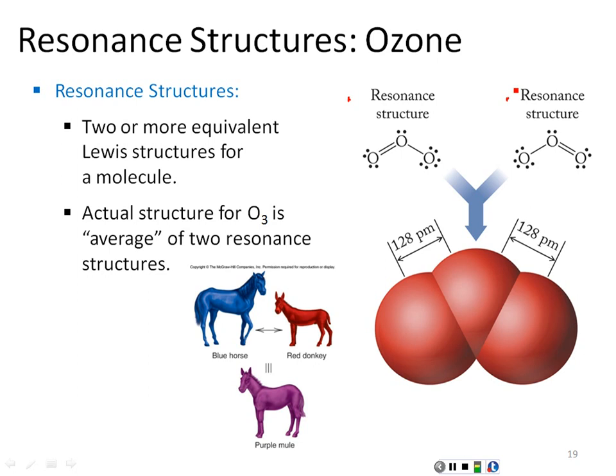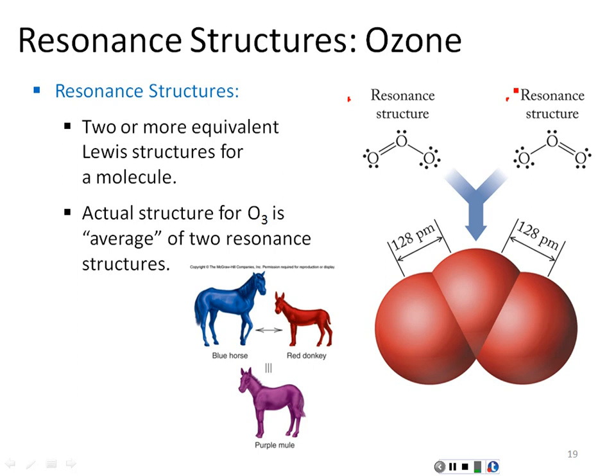And the answer is it's really an average between these two. And your book gives the analogy of a blue horse and a red donkey. Is it converting between a blue horse and a red donkey? And the answer is no, not really. It's really kind of a mix of the two, which would be a purple mule.